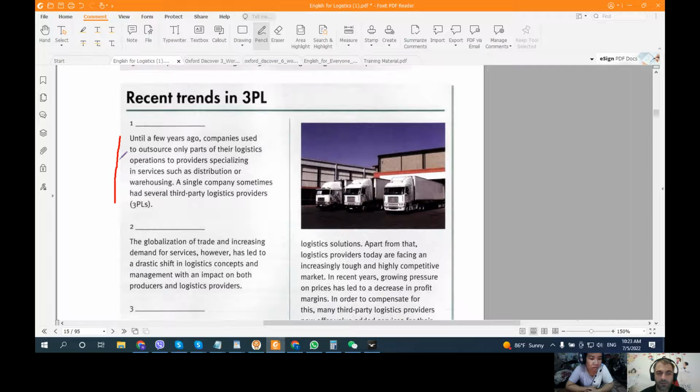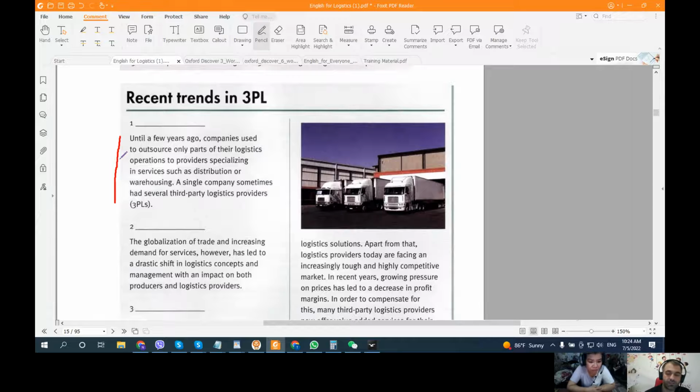Why are logistic providers useful? They are strong and specialize in only some field of logistics. Like some companies are strong in warehousing, some other companies are strong in distribution by truck. Very nice.